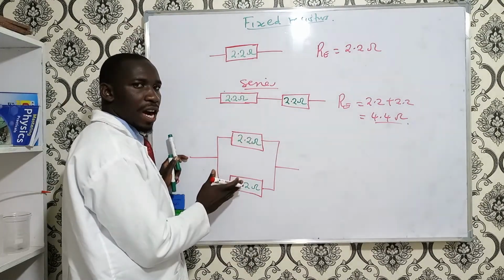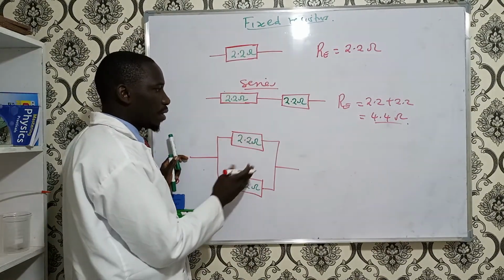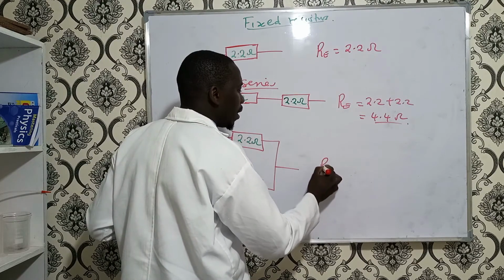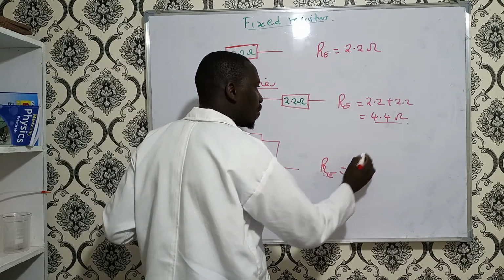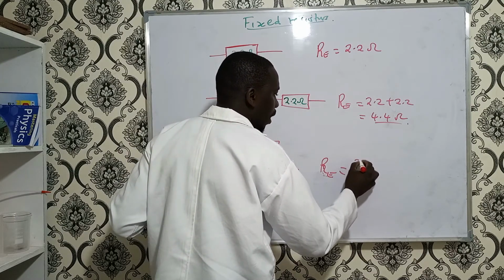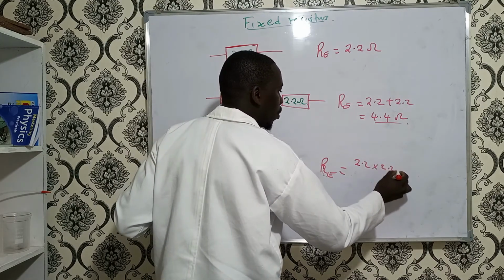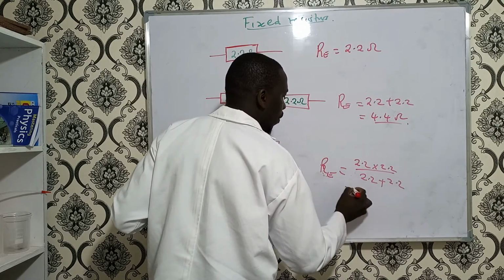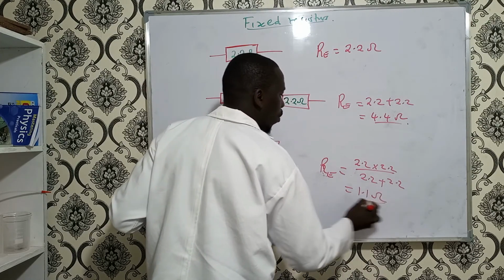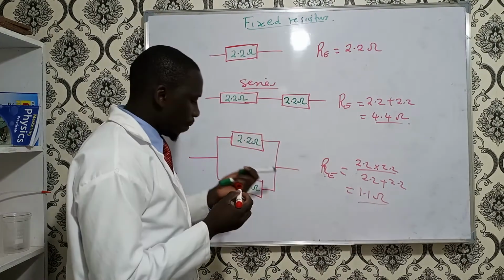When the resistors are in parallel, the combined resistance is given by the product, 2.2 times 2.2, over the sum, which gives us 1.1 ohms. Now look at this.